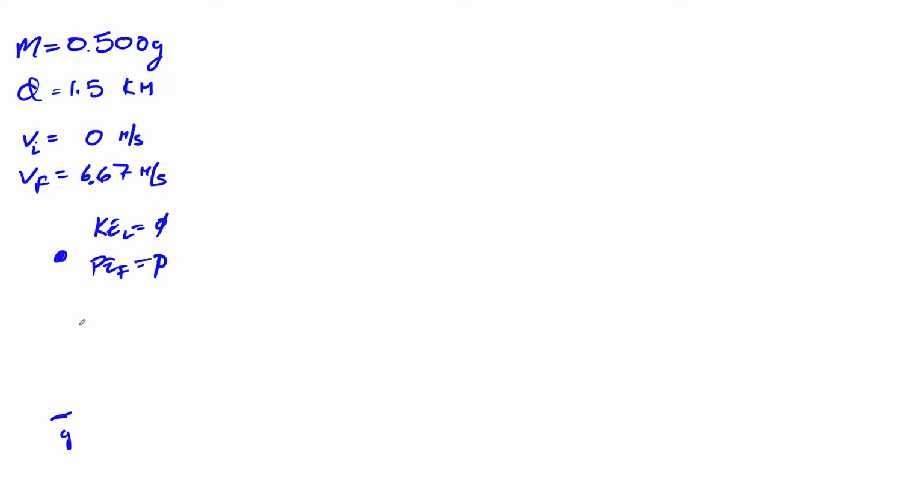That's going to give us something good to talk about. Let's set this up. Our initial potential energy plus our initial kinetic energy is equal to our final potential energy plus final kinetic energy plus the change in mechanical energy that we lost.